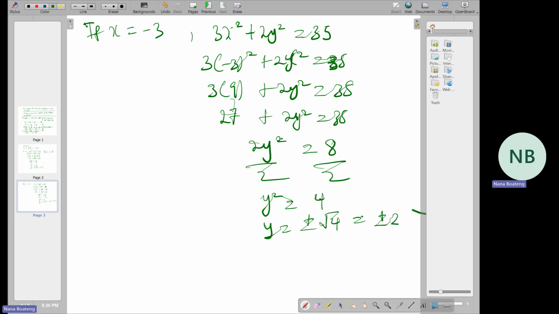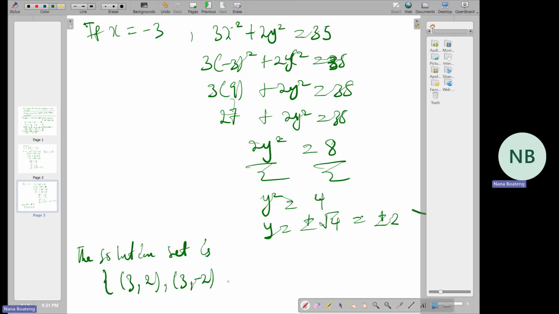So the solution set: when x is equal to positive 3, we have y is equal to 2 and y is equal to negative 2. So when x is equal to 3, we have (3, 2) and (3, -2).